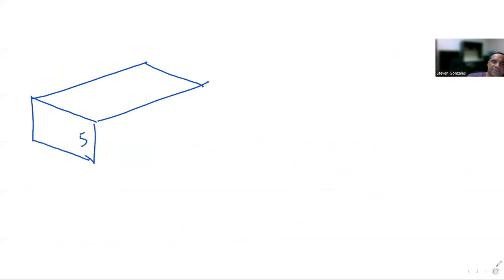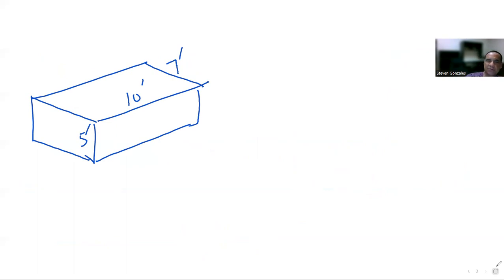I can also do a cubic yard situation. Maybe I have a pool that's 5 feet deep, 10 feet in length, and 7 feet in width. Let's say I really wanted to do something crazy and convert to cubic centimeters.